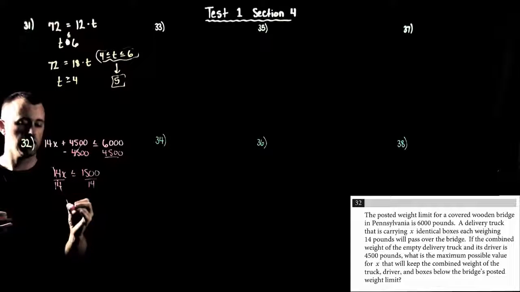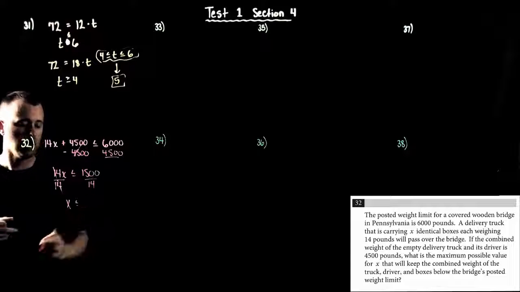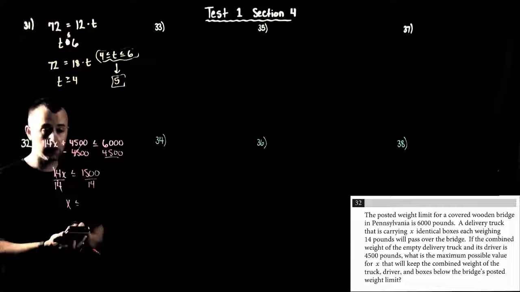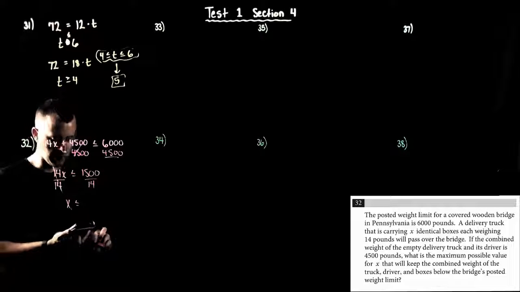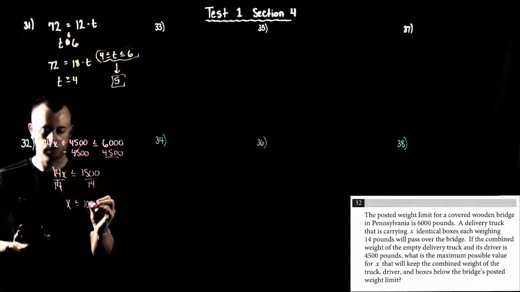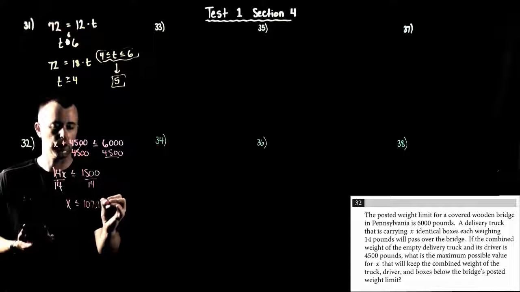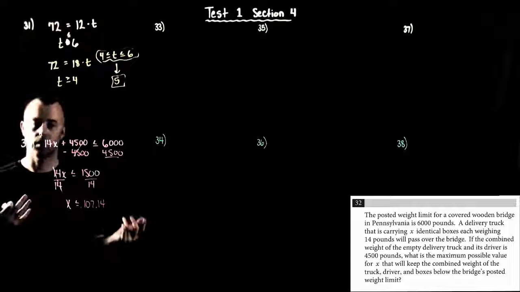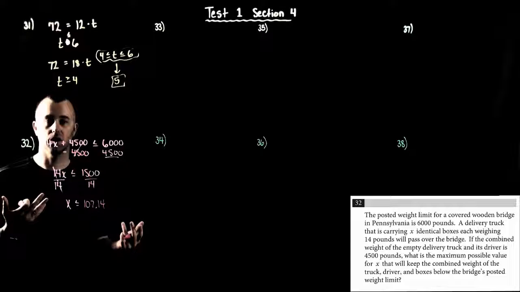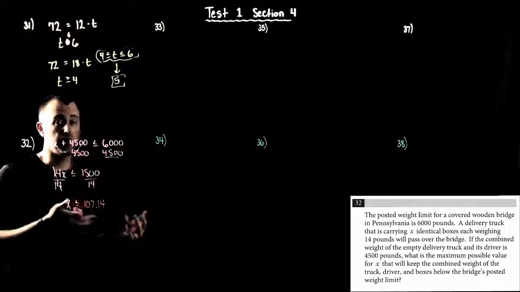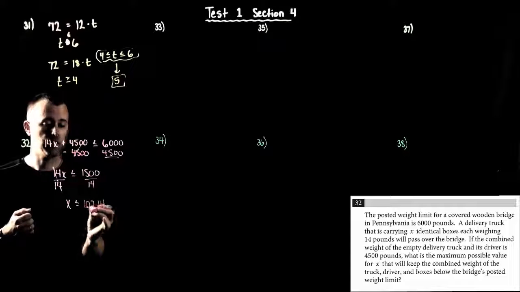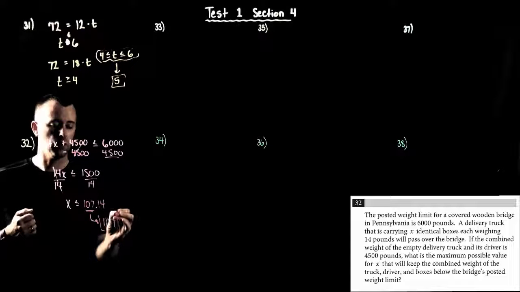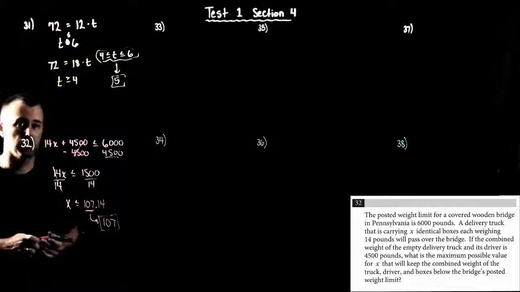Now when you do that, you're not going to get an answer that's perfect, and that's okay. 1,500 divided by 14 is 107.14. So obviously, if we added an 108th box, it would be over the limit. They ask, what's the maximum number of boxes we can have that would keep us under it? Well, that's going to be 107 boxes. So our answer is going to be 107 for number 32.